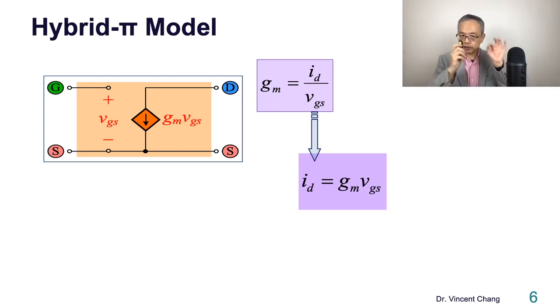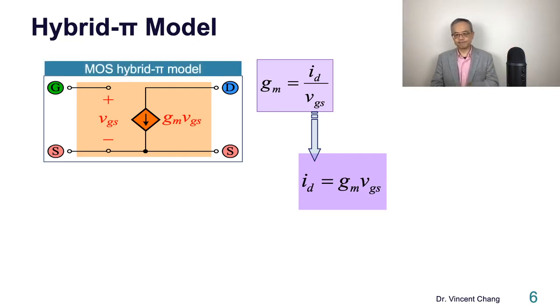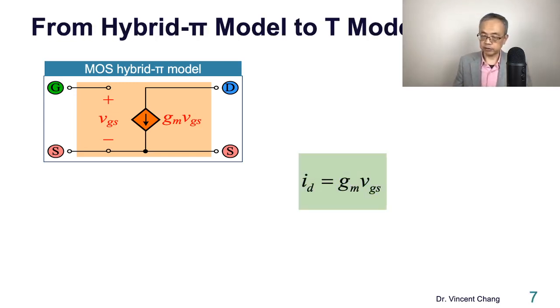So now here's the starting point. This is the first model, called the MOSFET hybrid pi model. Starting from this, I'll take you to the second model, which is the T equivalent circuit model.